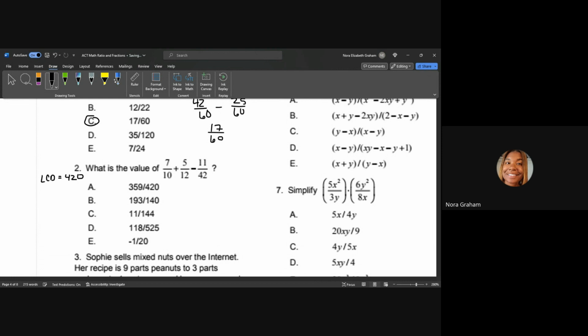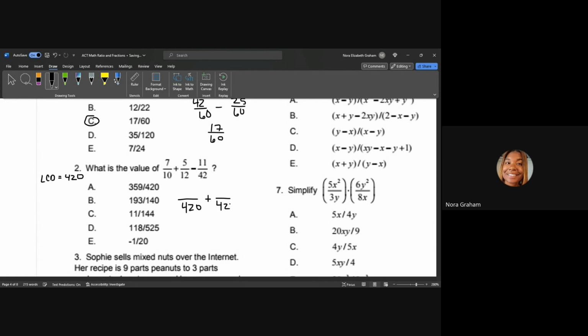Okay, and so that means that I know that 420 will be the least common denominator for all 3. Now I just have to figure out what I multiplied the bottom ones by to get 420 and do the same to my numerators to see what number I get up top.